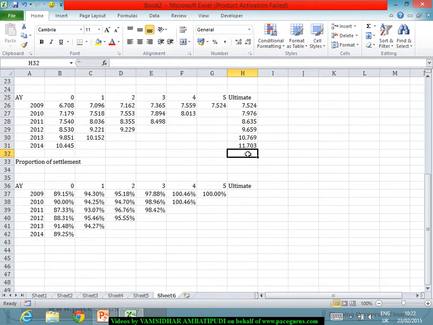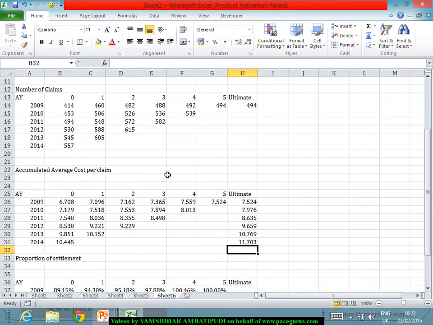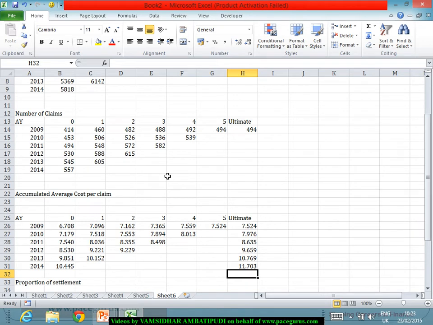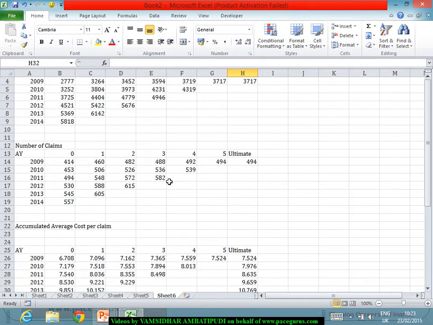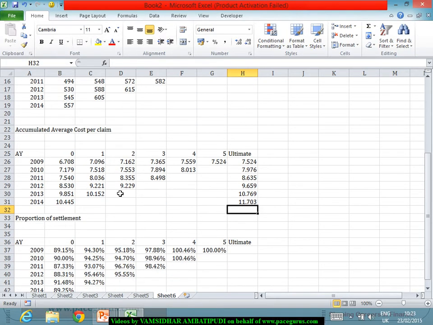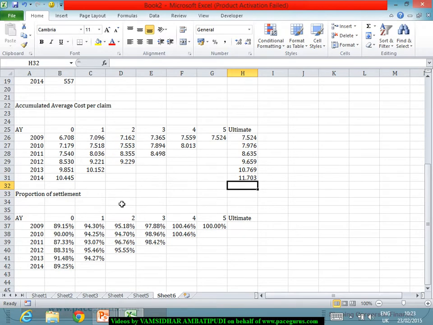The same logic we will do even for the claim numbers also, just like the way we have gone ahead with respect to the settlement, which is the average claim amount.